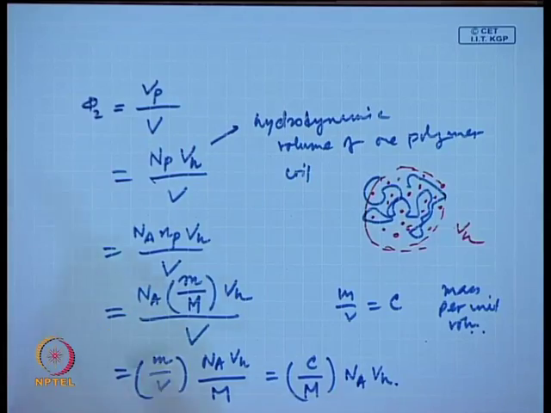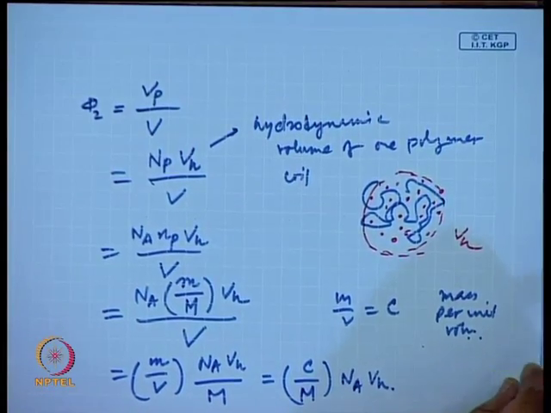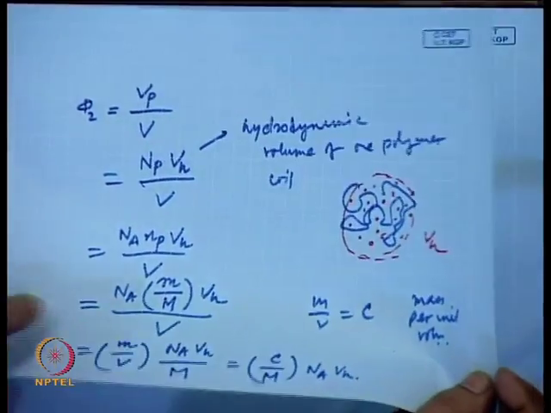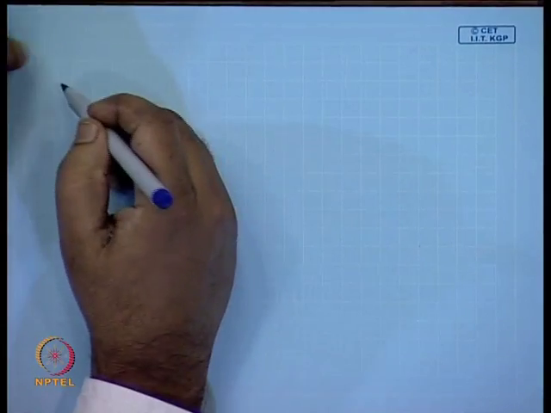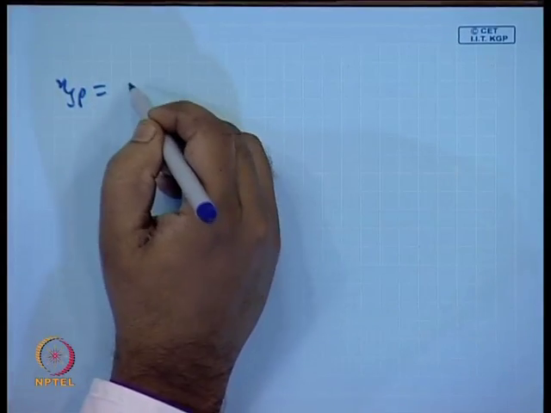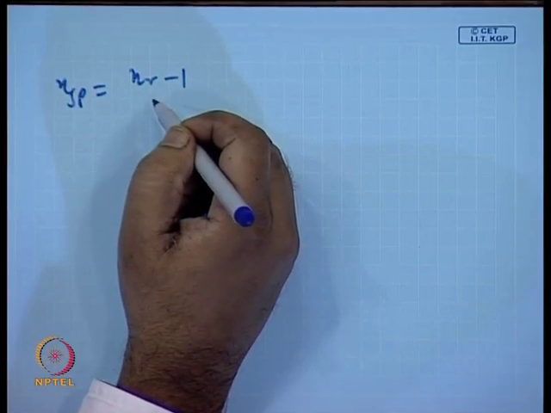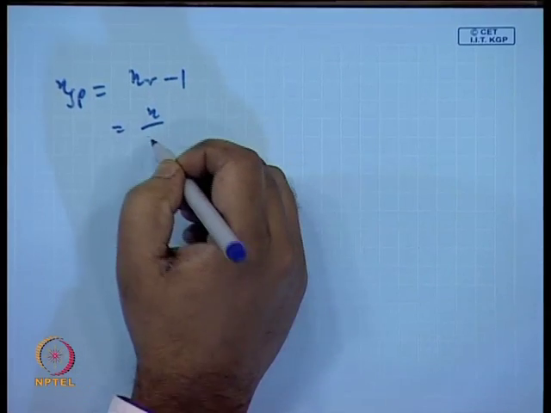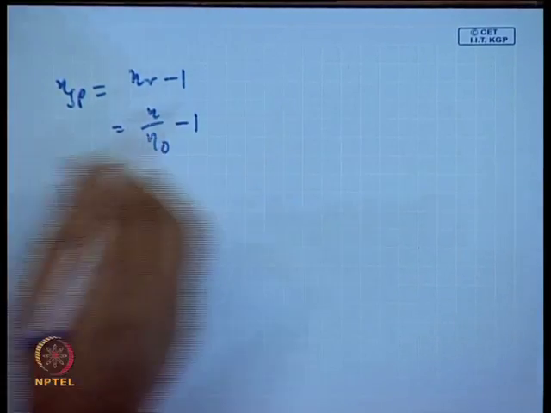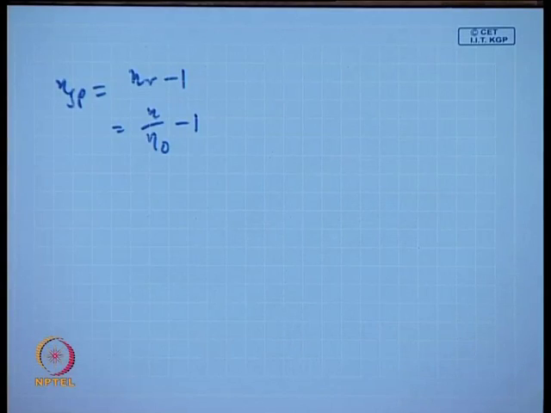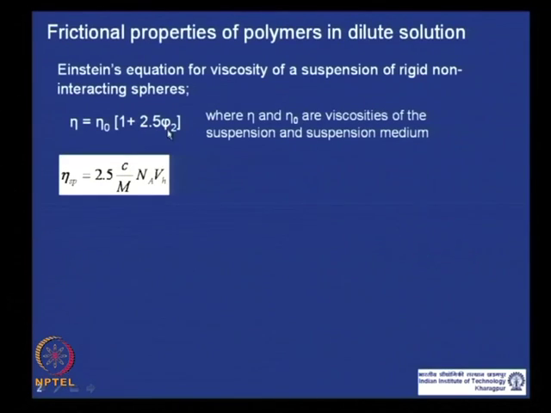Okay. And eta sp, if you recollect, is eta r minus 1, that is eta by eta 0 minus 1. So, you can directly write this expression from this.